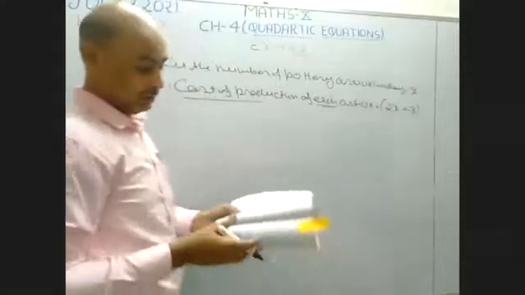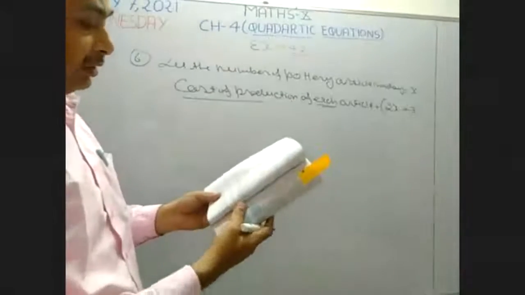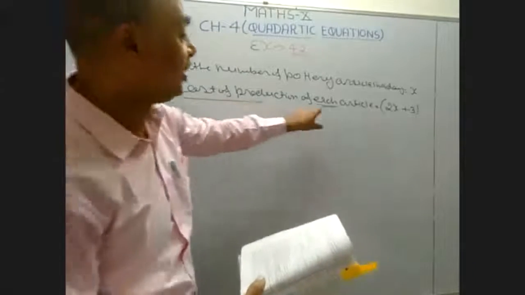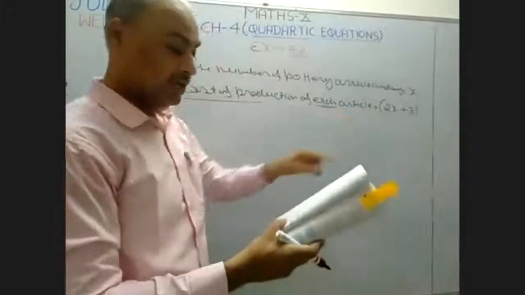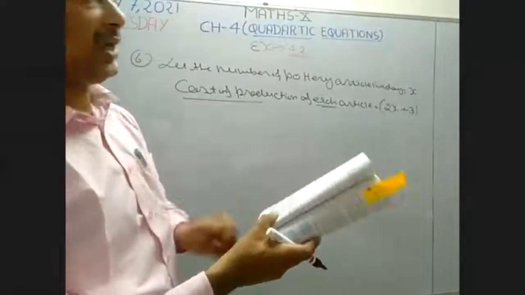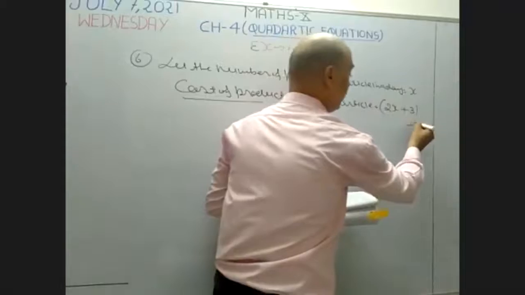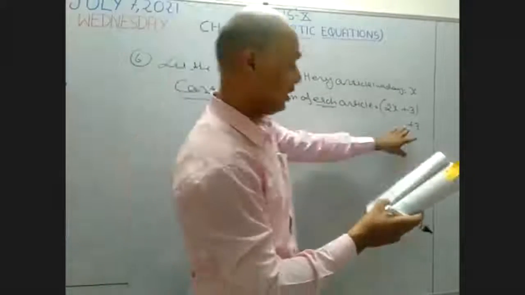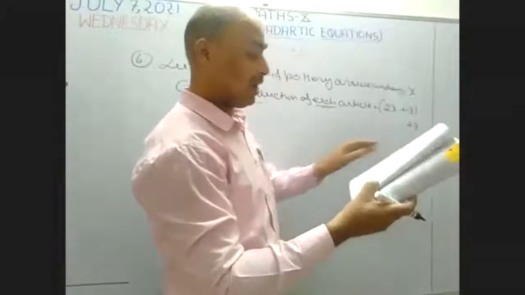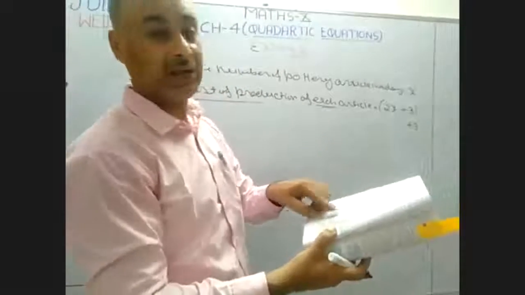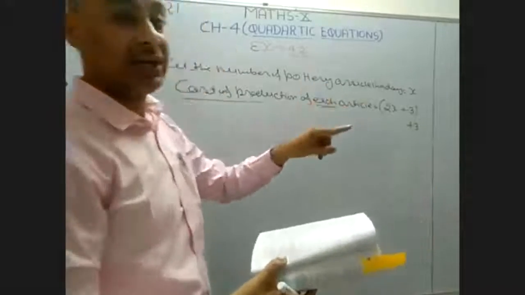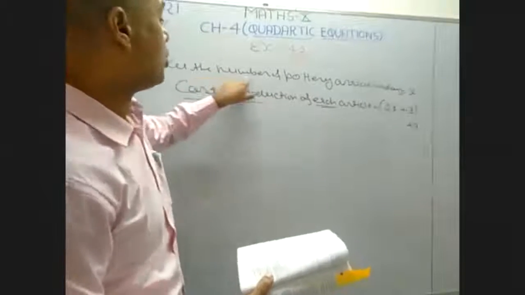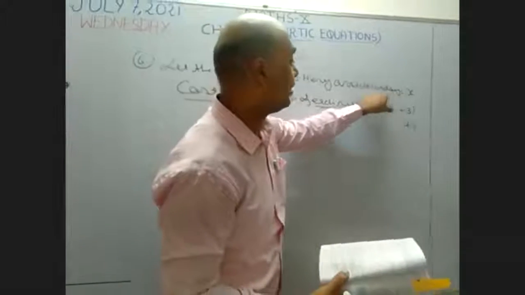I want to repeat this. See carefully, what is given? Cost of production of each article I want to write. It is given was 3 more than. Was 3 more than means plus 3. More than twice the number of articles produced in a day. How many articles do they produce in a day? x.